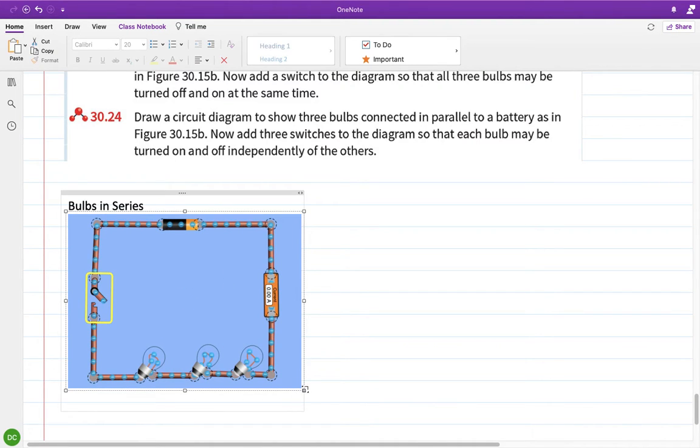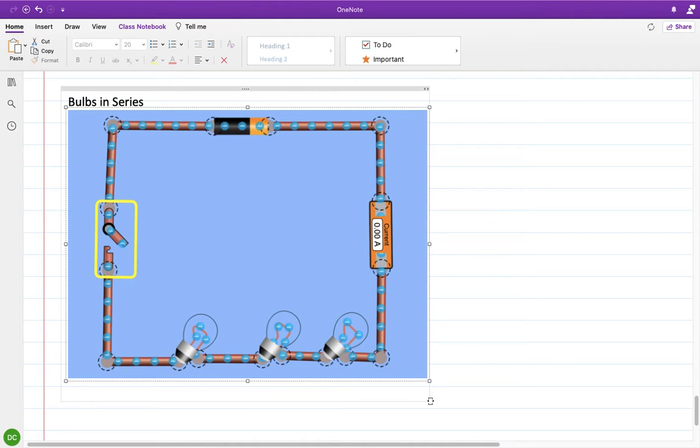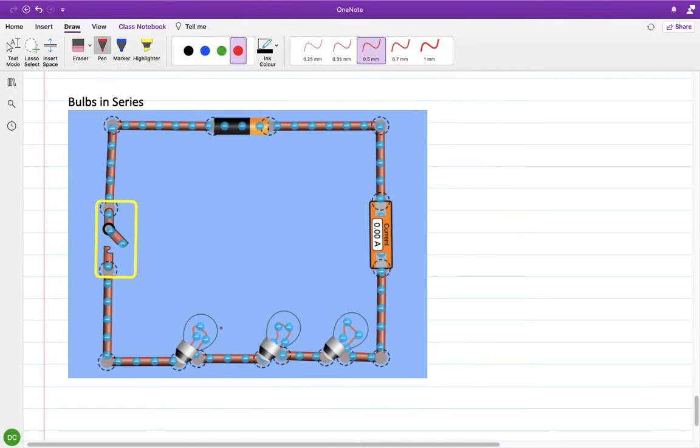I want you to make sure that goes into your copy, what it looks like to have bulbs in series. In series means when they are on the same path. When they're on the same path, that's what it means to be in series.